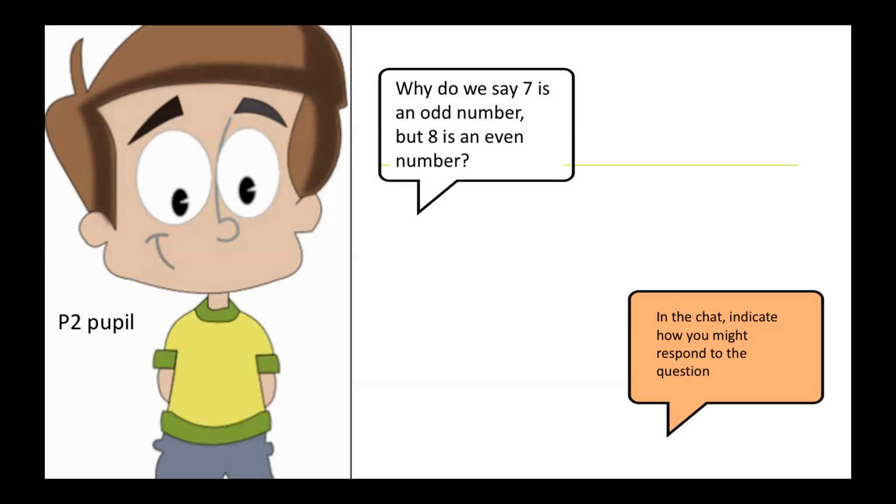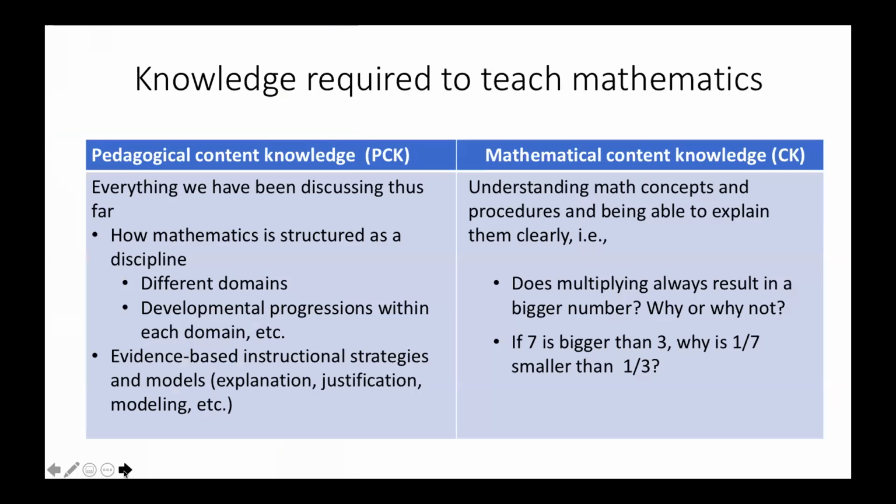And what always strikes me when I ask this question is that what I get is a very abstract explanation. The idea that maybe it's sharing and there's nothing left over when you share is not something that people come up with easily. And so what I wanted to talk about in this presentation is that there are 2 types of knowledge that teachers need in order to be really effective early primary math teachers.